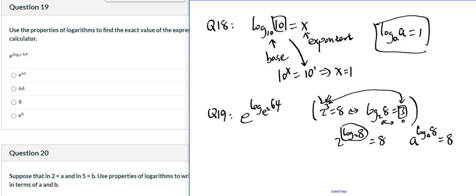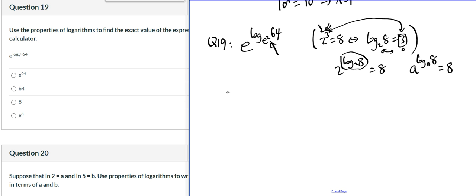But unfortunately here we have e squared. So what are we going to do? We do it this way. First we use the base change formula. We change the base.